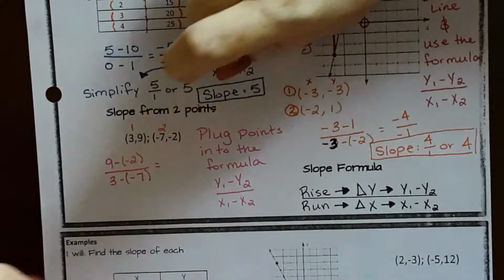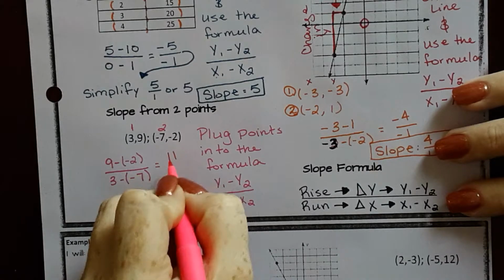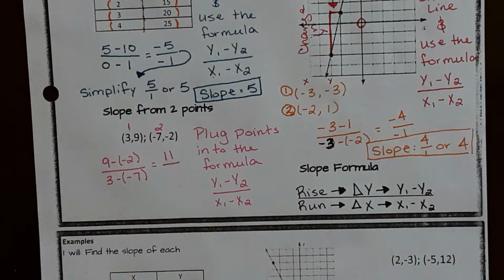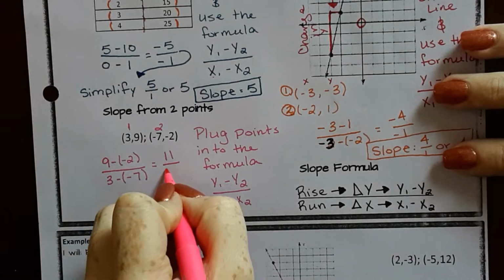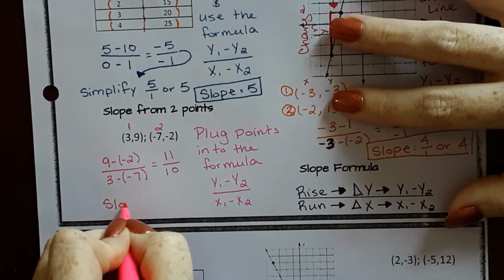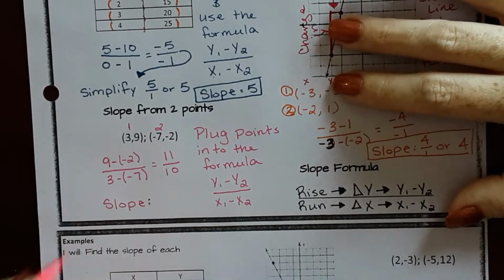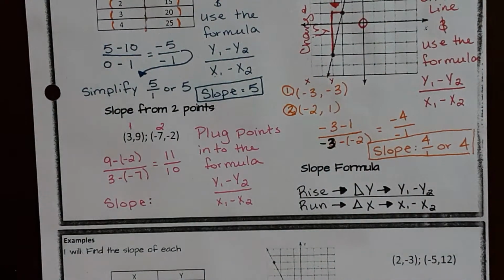And now we just do the subtraction straight across. 9 minus -2 gives us 11. 3 minus -7 is 10. And now we simplify and label our slope.